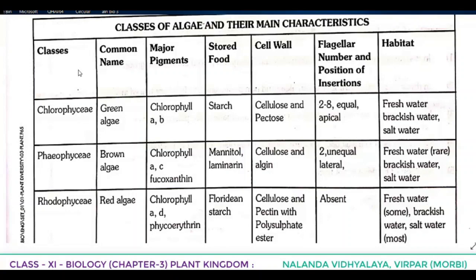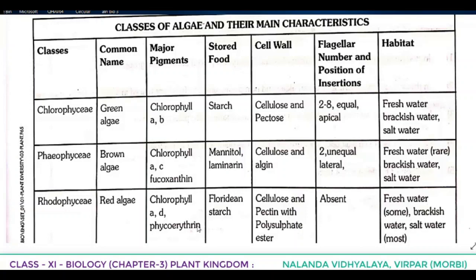Common names: green algae for Chlorophyceae, brown algae for Phaeophyceae, red algae for Rhodophyceae. Major pigments: in Chlorophyceae, chlorophyll a and b; Phaeophyceae, chlorophyll a and c and fucoxanthin; Rhodophyceae, chlorophyll a and d and phycoerythrin.